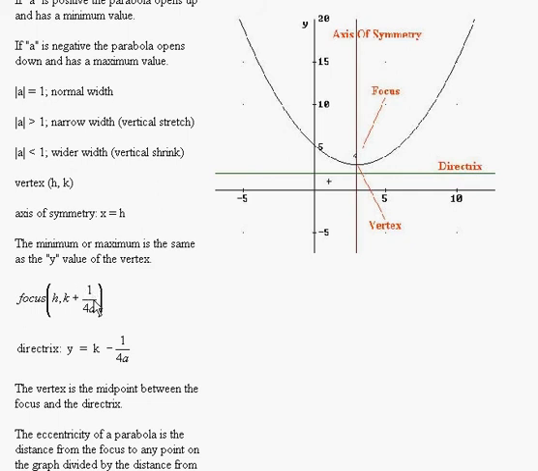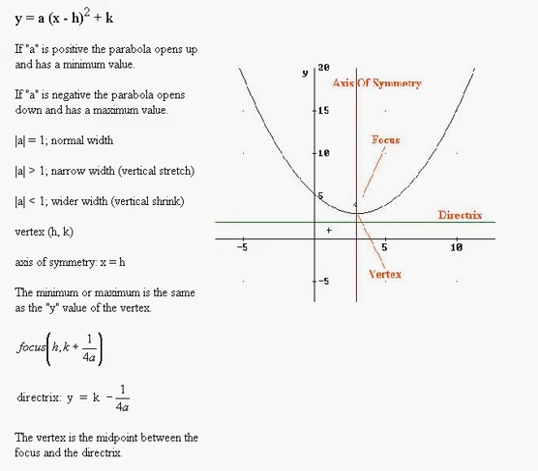What we're going to add is 1 over 4a. Not 1/4 of a, but 1 over 4 times a. And lest you forget what a is, remember a is this number in front of the parentheses. So you're going to take 4 times that number in front of the parentheses and then take its reciprocal, and that's how you calculate where the focus is.